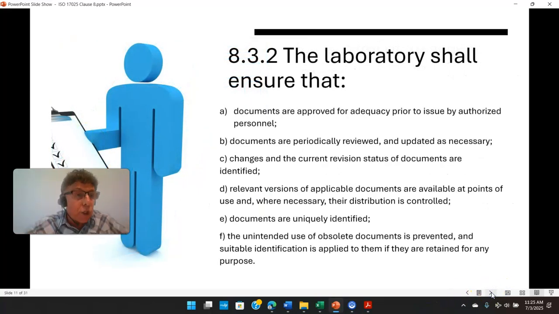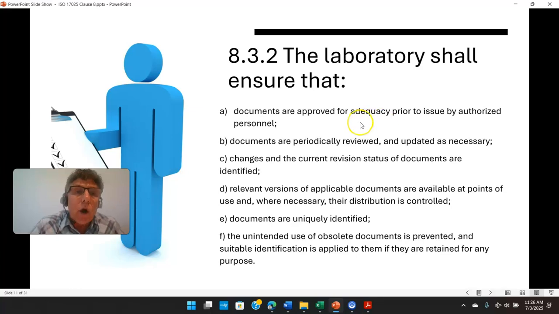The laboratory shall ensure, there's a shall statement, that documents are approved for adequacy prior to issue by authorized personnel. That means that the documents you're using need to be approved and have an approval indication on the document. Approved by, authorized by, something like that.